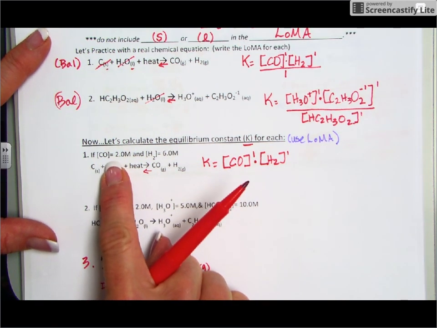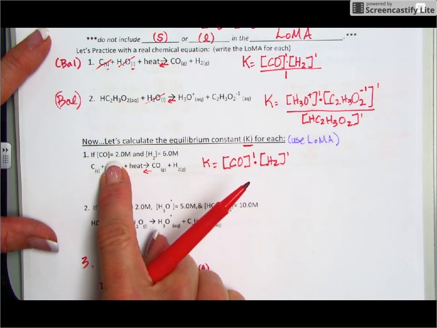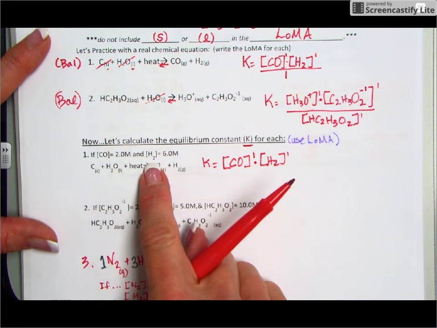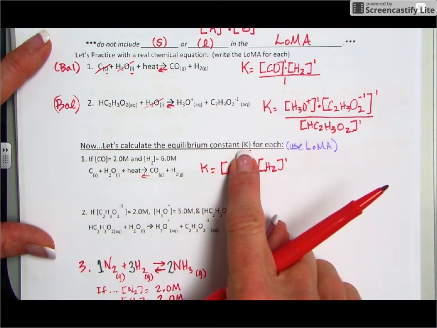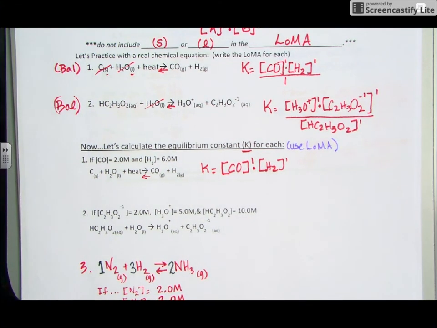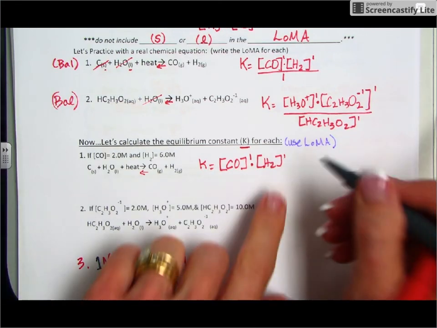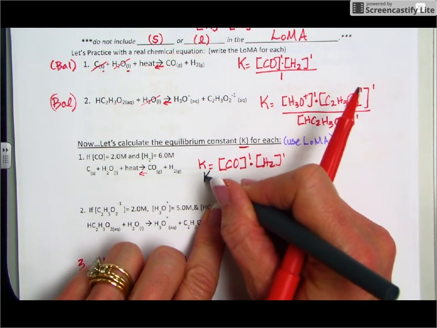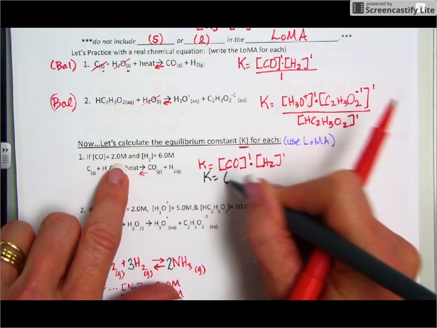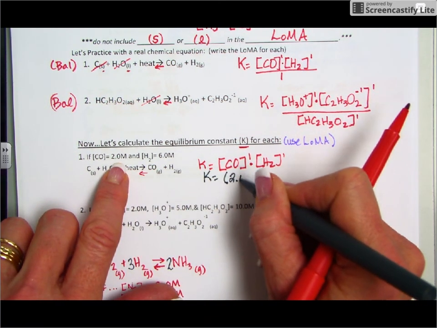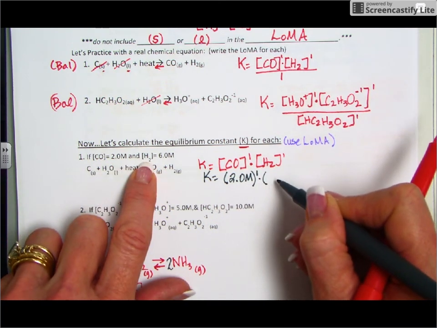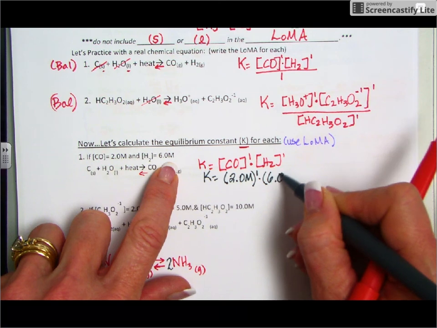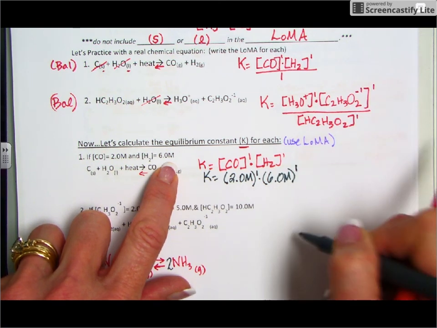It says for number 1, if the concentration of carbon monoxide is 2.0 molar and the concentration of hydrogen is 6.0 molar, it wants us to calculate K. So all you're doing is plugging your values straight into this law of mass action. So we're going to have K equals concentration of carbon monoxide was 2.0 molar to the first power, concentration of hydrogen was 6.0 molar, and that's to the first power as well.